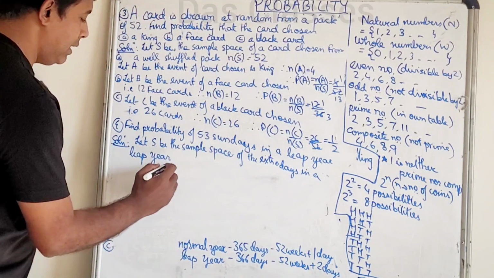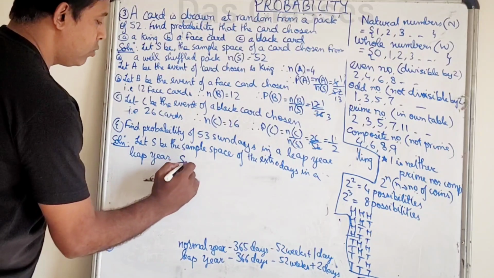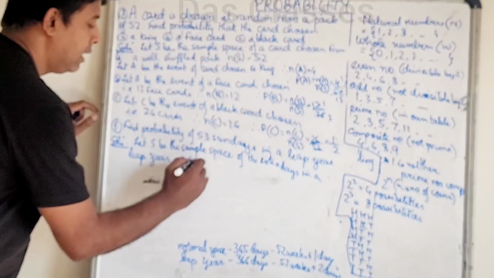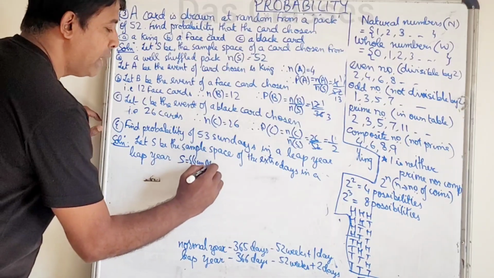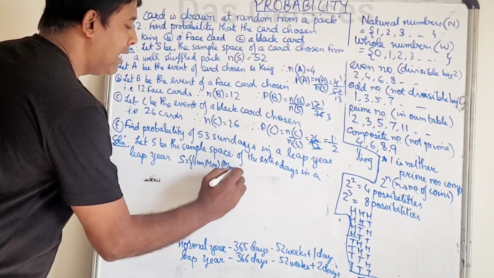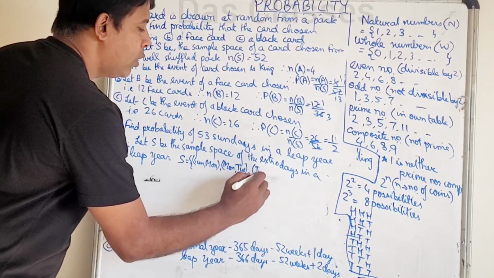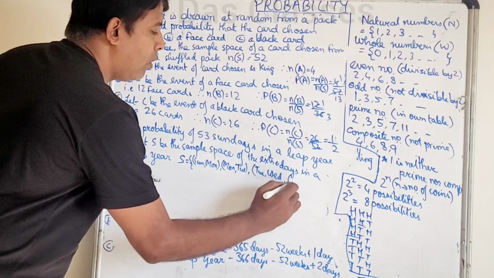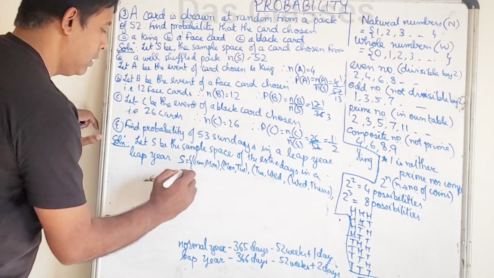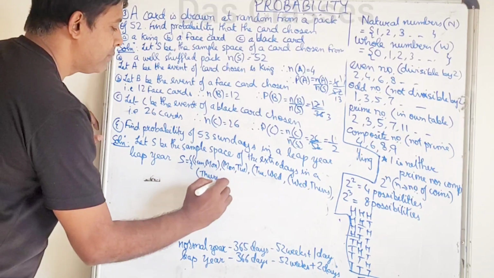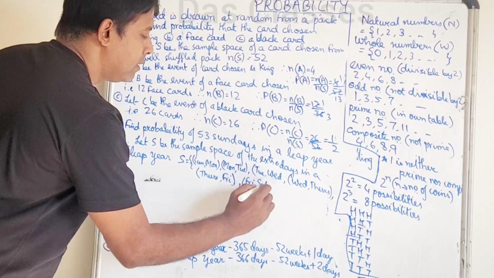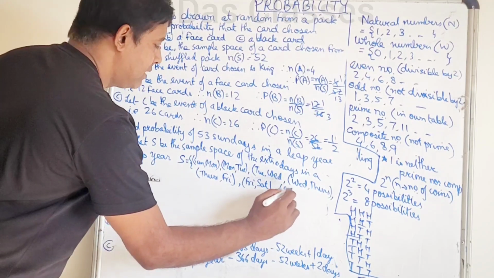So what would be the possibility, as there are 2 extra days? So those will be either Sunday and Monday, or Monday and Tuesday, or Tuesday and Wednesday, or Wednesday and Thursday, or Thursday and Friday, or Friday and Saturday, or Saturday and Sunday.